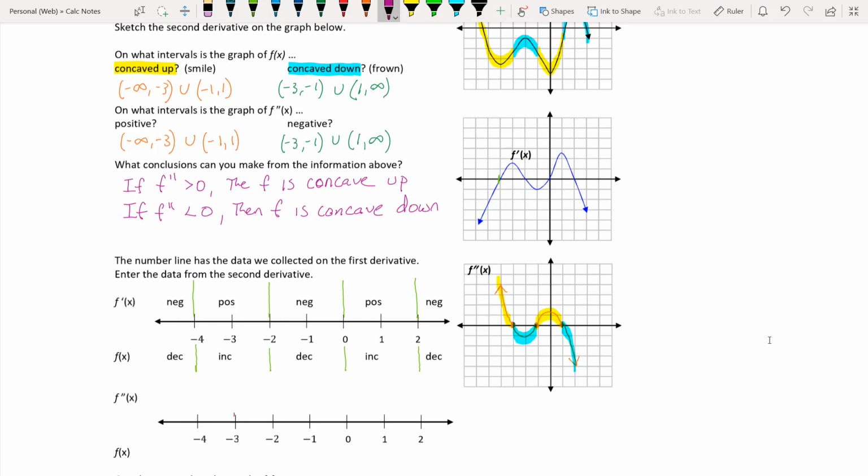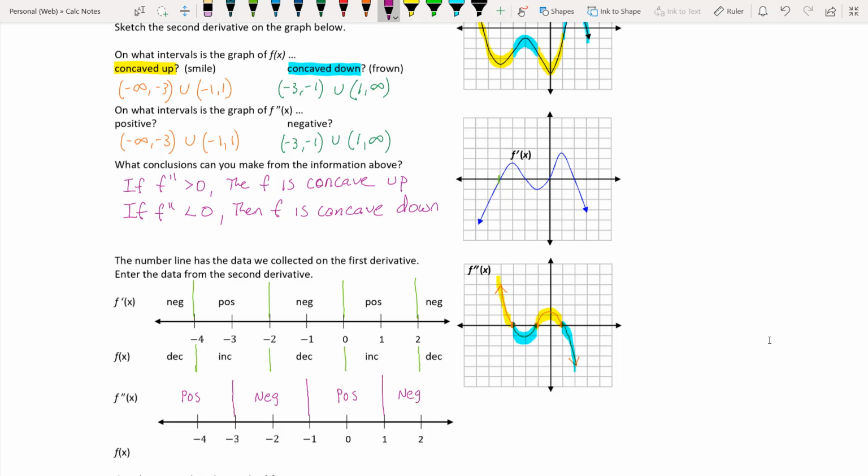So negative infinity to negative 3, we said that f double prime was positive. And then from negative 3 to negative 1, f double prime was negative. From negative 1 to positive 1, f double prime was positive. And from 1 to infinity, f double prime was negative.